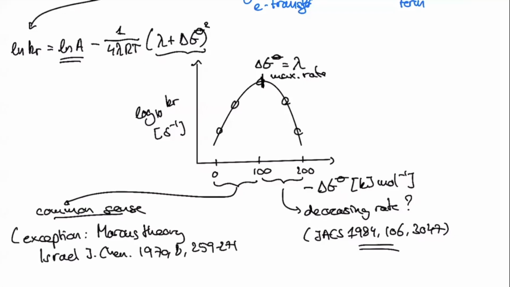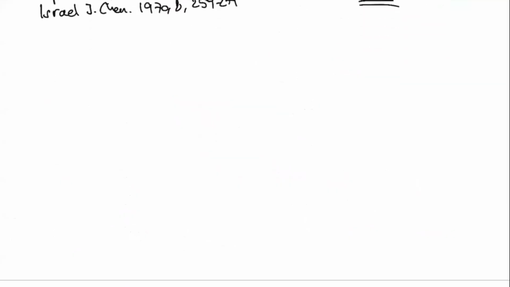Okay, again, I don't want to go into all the details because it will take half an hour to explain. But keep that in mind when you look at electron transfer reactions, that Marcus theory can actually help you to explain some counterintuitive effects like decreasing rate with bigger delta G.